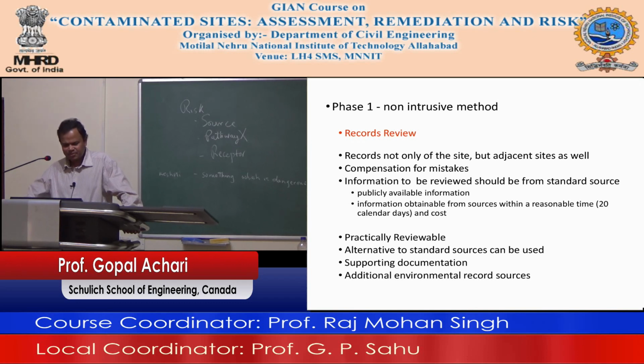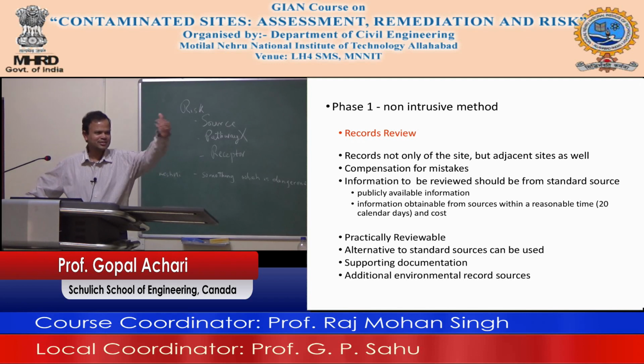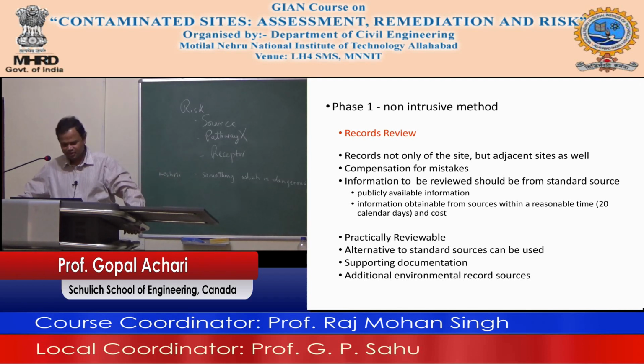There is an approximate minimum search distance which can be adjusted based on density of population, distance, and so on. You are not going to go to the next guy and the next guy. How far will you go? You probably do the next adjacent site, and that's about it.